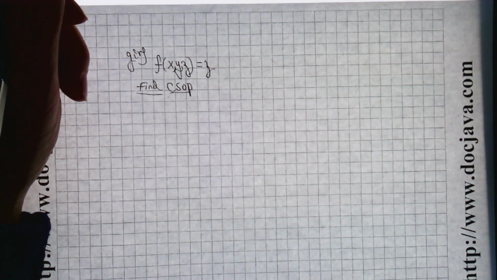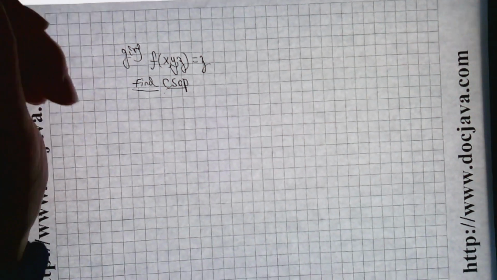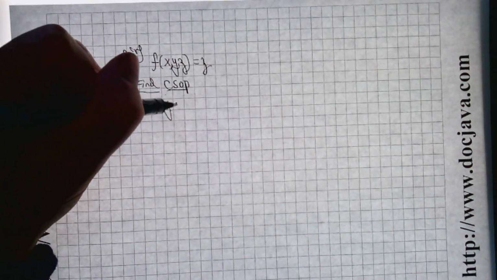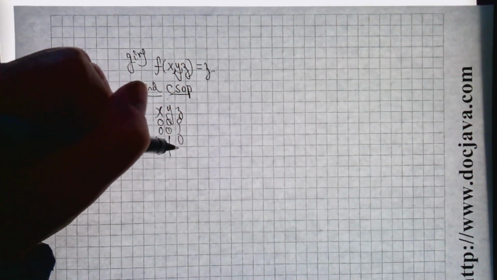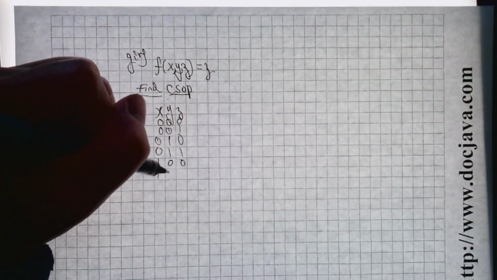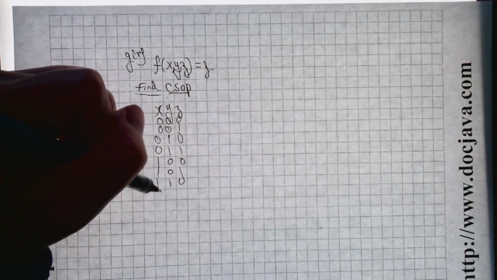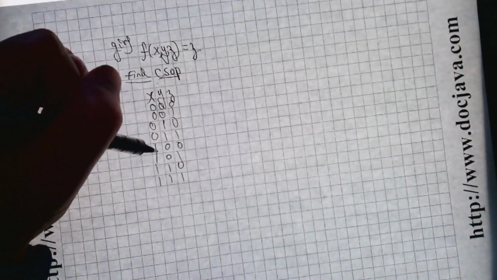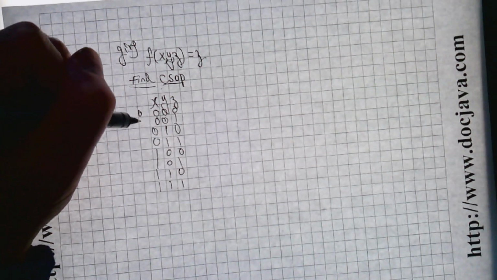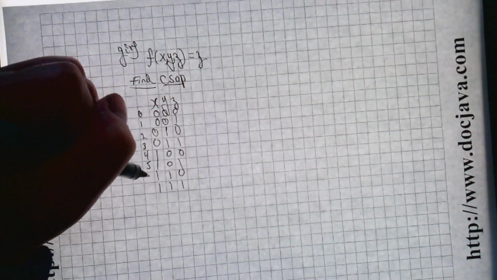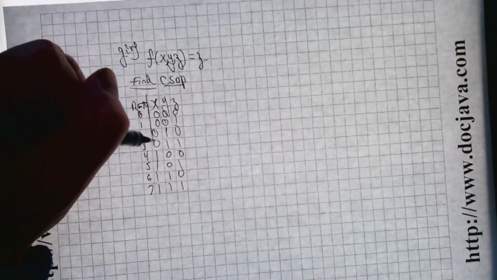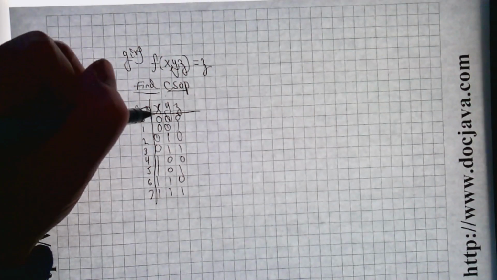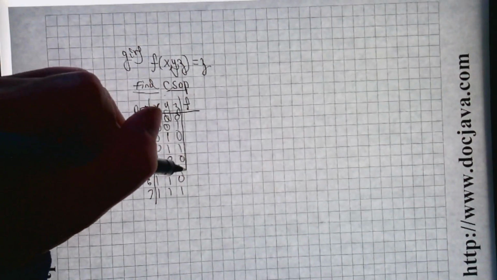Well, suppose I said we had to make a truth table. And X, Y, Z, and I'll just do the truth table. I'll number it here for you. I think I did that right. I'll number this too. Now, what should I write for F?